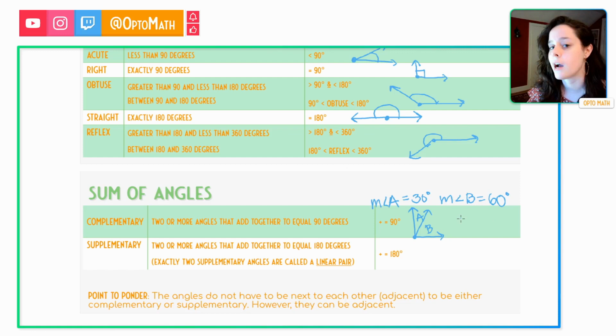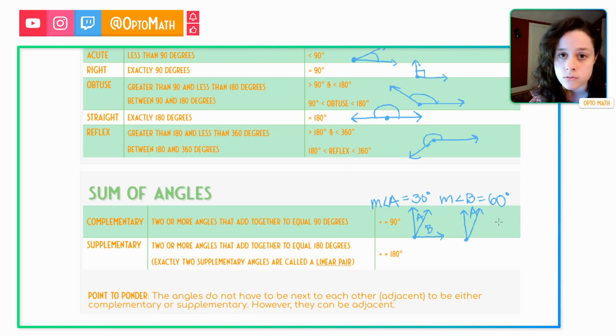However, they do not have to be right next to each other. When you do have angles that are right next to each other, those are called adjacent angles. Adjacent just means beside. You can have A and B split up. So let me show you what that looks like. That's simply A and B not touching each other, not hanging out right next to each other, not sitting beside each other in lunch.